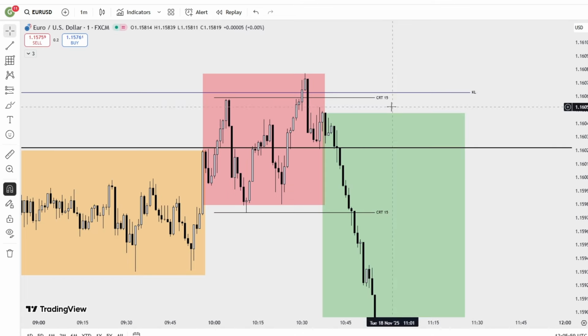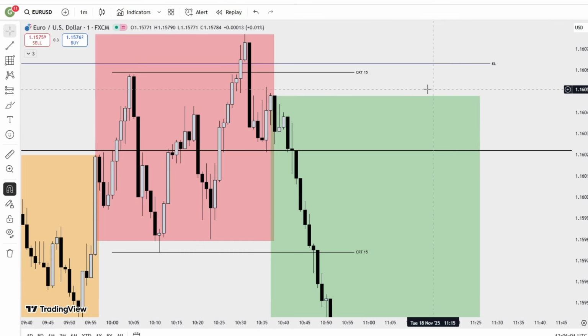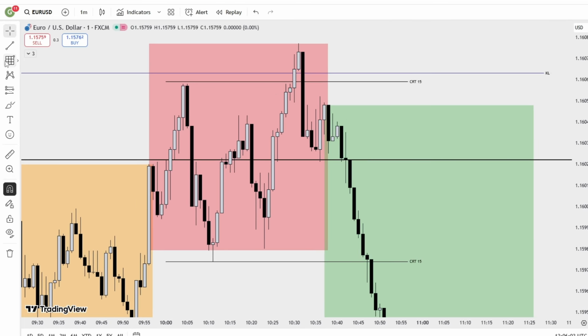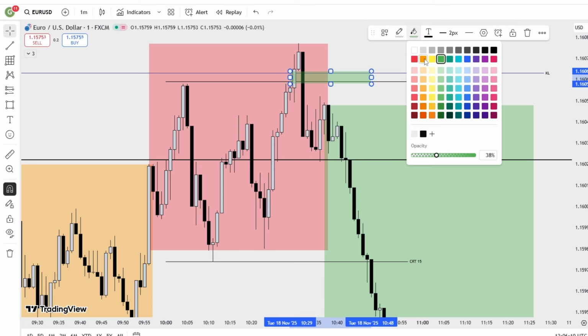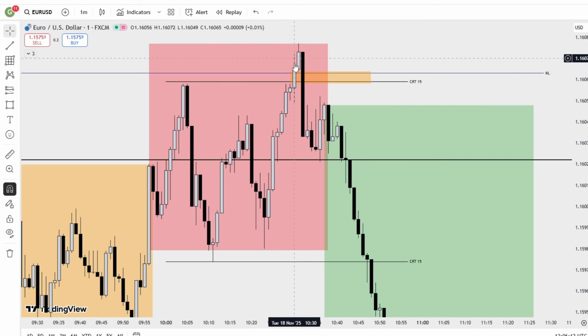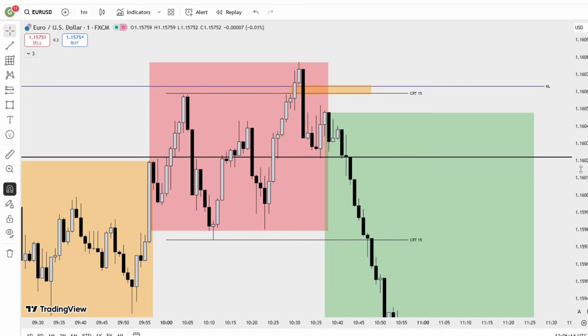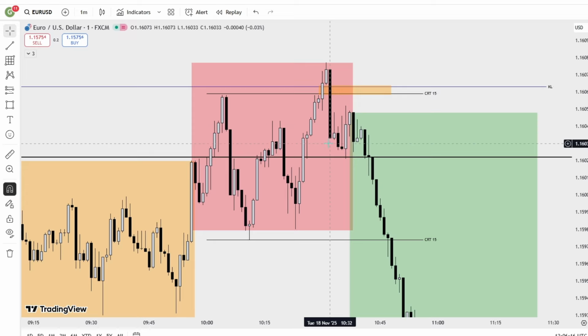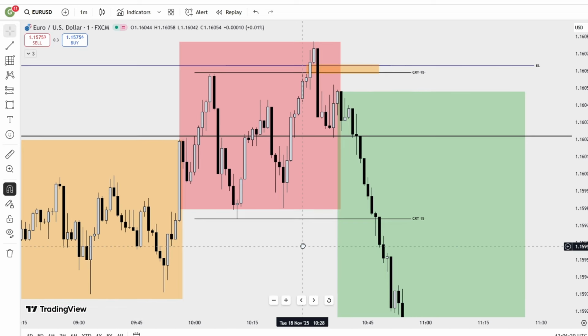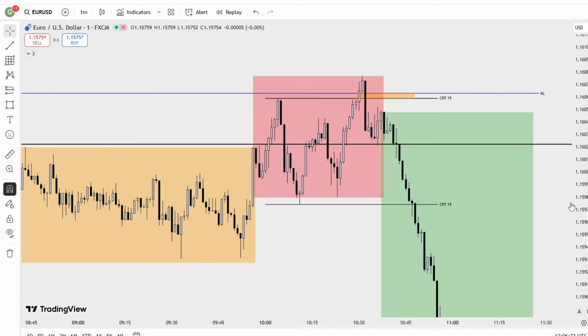So here we have some options to enter in this manipulation phase. You have the inverse fair value gap right here. After this inverse fair value gap, I think to myself, whoa, this candle is not worth taking the trade because the R2R is going to be trash, right?